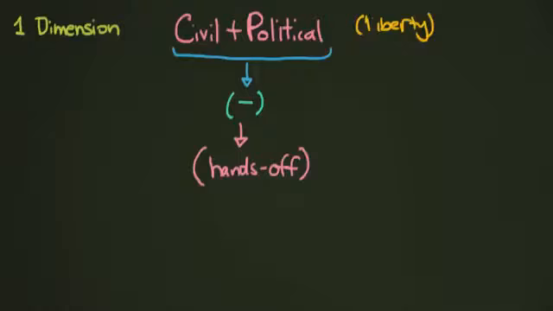We can break them into the political and the civil. So the civil rights have to do with your life and safety, and have a little bit more to do with how you interact with society. And the political rights have to do with how you can exercise your political and legal rights. On the political side, we might talk about things like the right to petition or the right to justice.